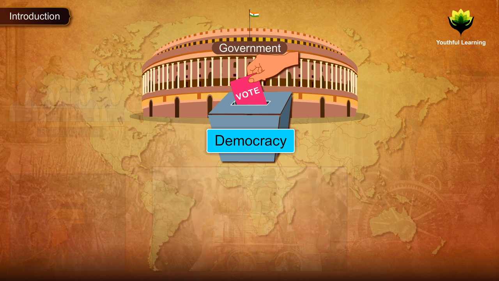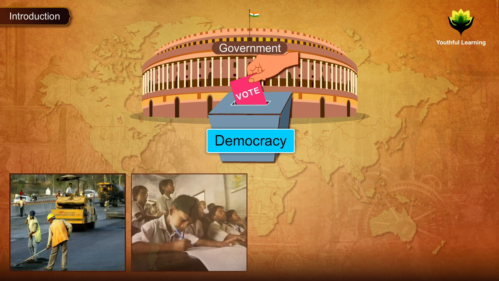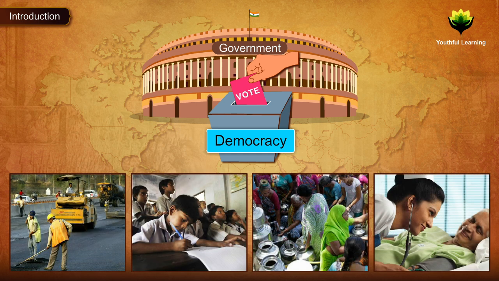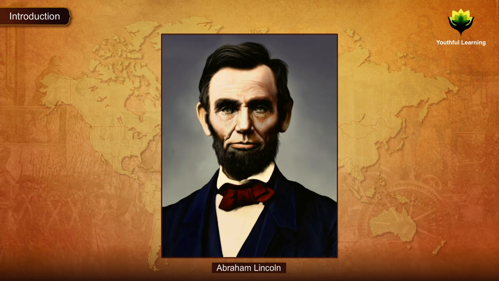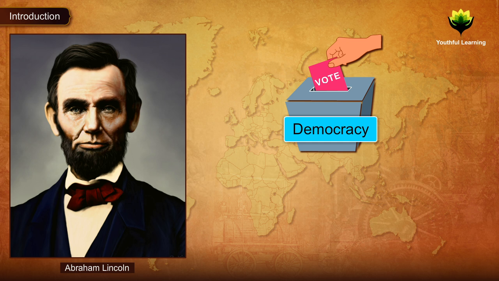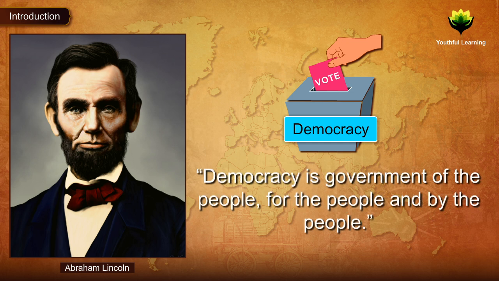Thus, the government must work towards the welfare and benefit of the citizens, or else they will be replaced by another government in the next elections. Abraham Lincoln has rightly defined democracy as government of the people, for the people, and by the people.